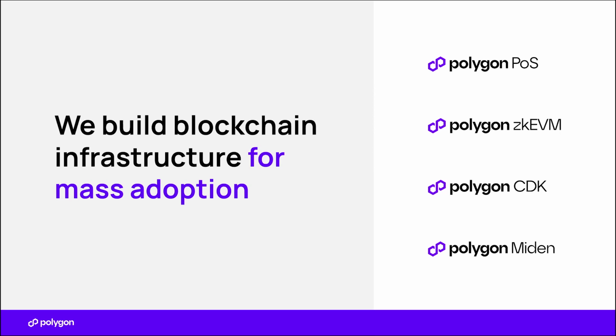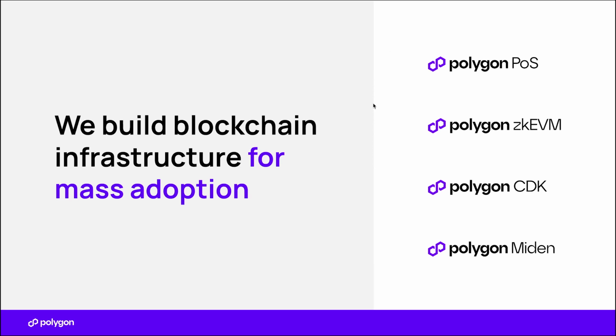And Polygon is basically the biggest. We call them L2, layer 2. Ethereum is a layer 1, and then the L2s batch transactions and use the layer 1 as the settlement layer. Okay, so that is basically what Polygon does.